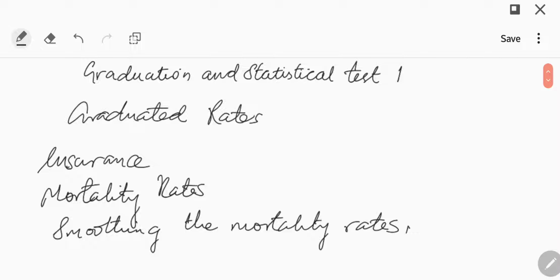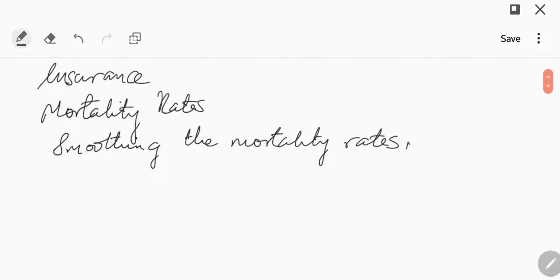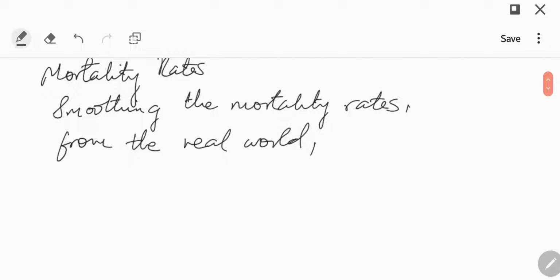I collect the mortality rates from real world observation. I'm investigating, let's say, a big, huge sample of people at different age groups, let's say x, x plus 1, x plus 2, and so on.